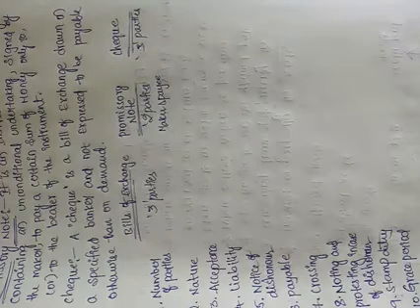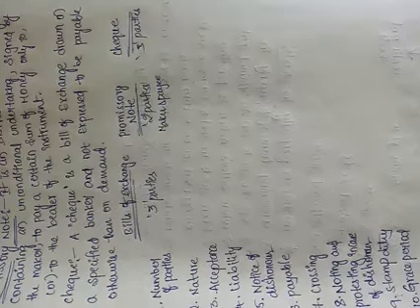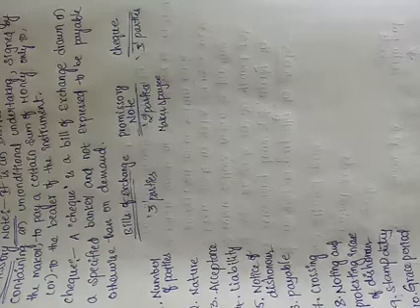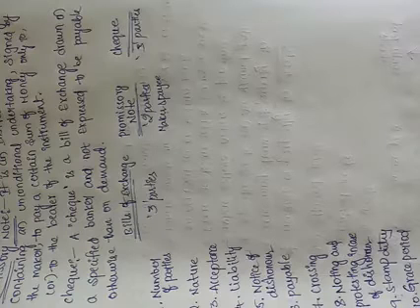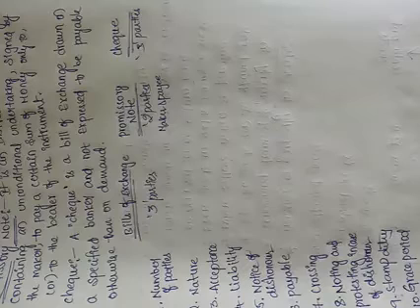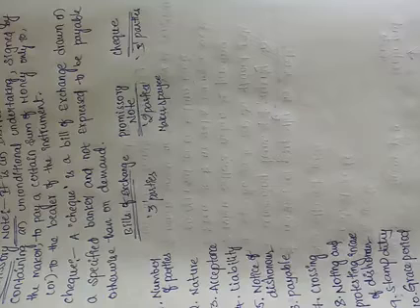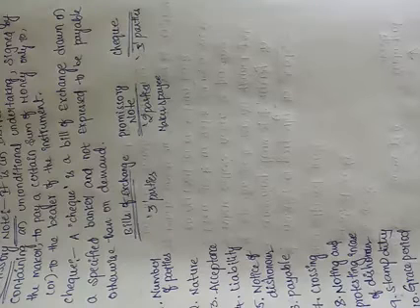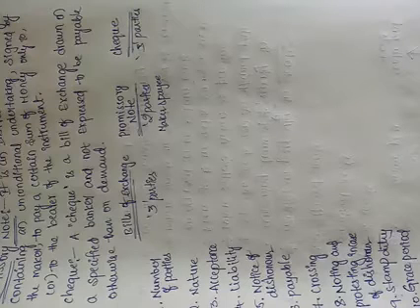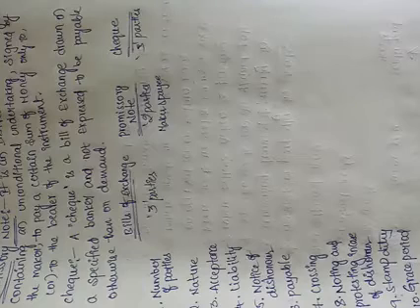Under the promissory note, no acceptance is needed, because the debtor himself makes the promise to make the payment. Here the debtor says, I will pay this amount after 3 months or after 2 months. Under a check, acceptance is not necessary.